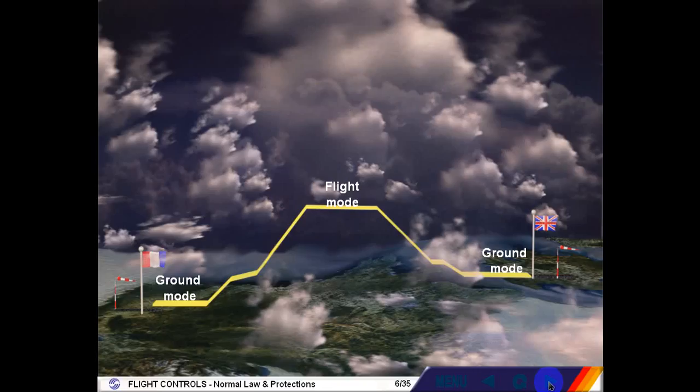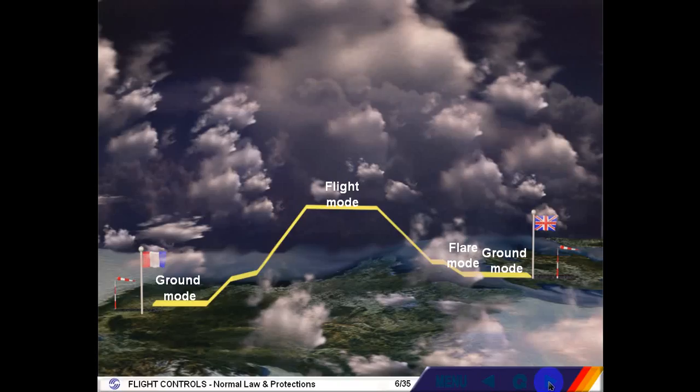This will be discussed in detail as this module continues. Flare mode modifies the flight mode to introduce a conventional feel to the landing phase. This will be discussed later in this module.